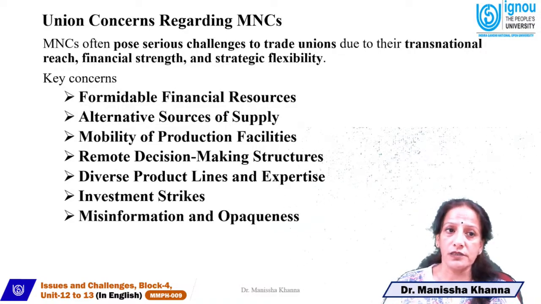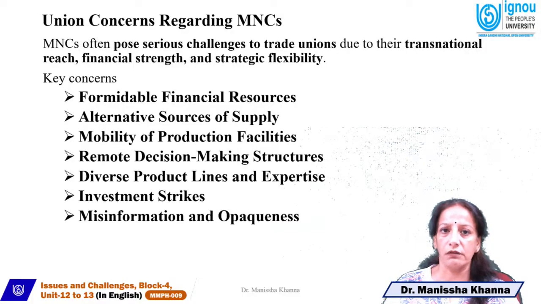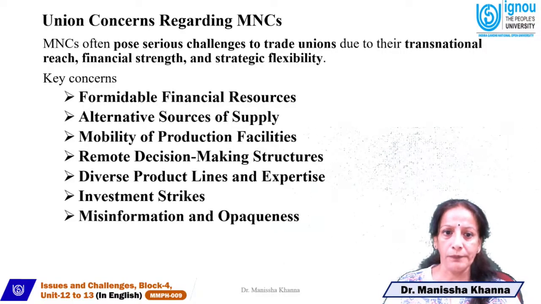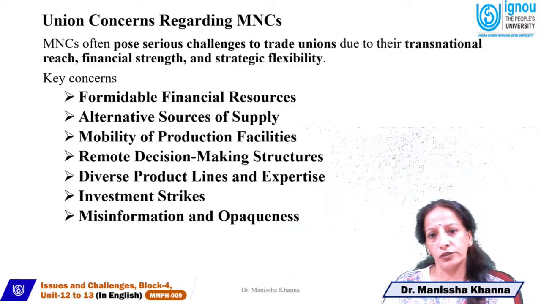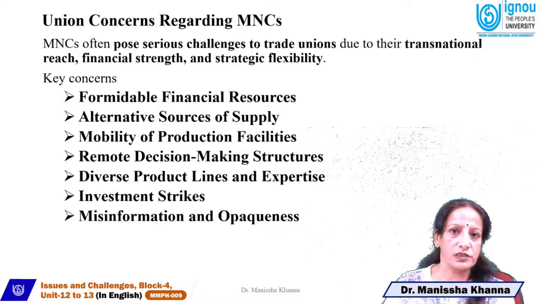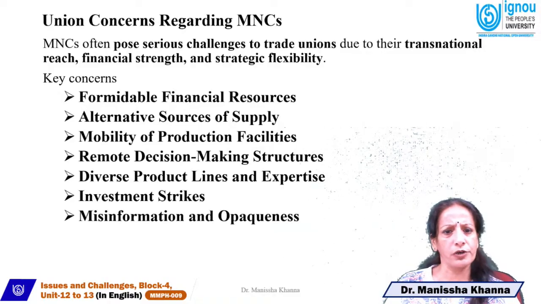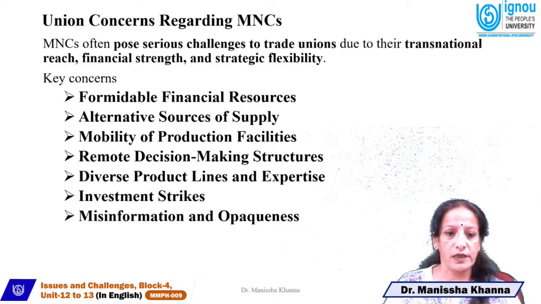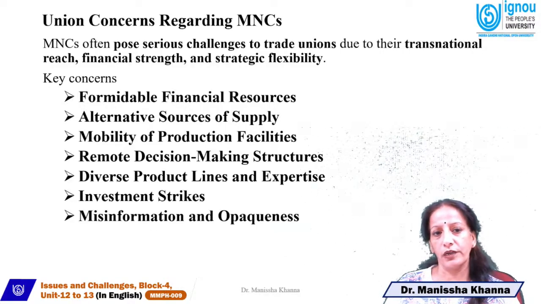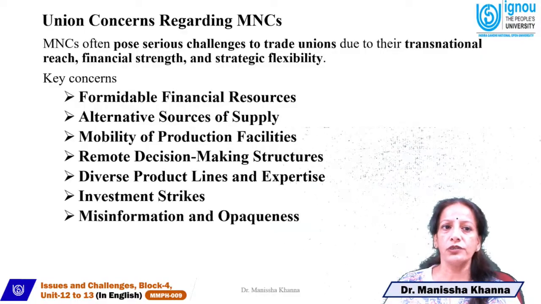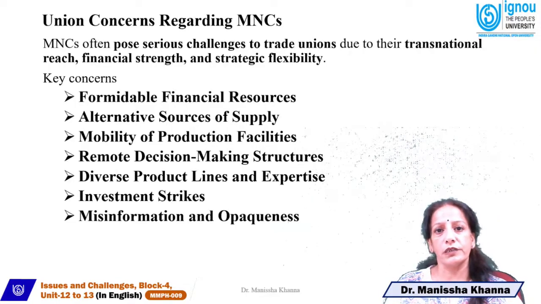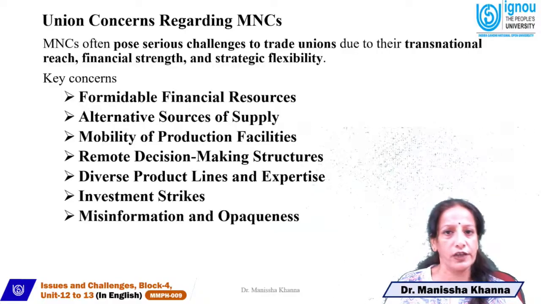These key concerns mainly revolve around financial resources, alternative sources of supply, mobility of the entire operational or production facilities, remote decision-making structures, diverse product lines and expertise, investment strikes, and misinformation and opaqueness. These are the concerns of the unions when it comes to multinationals, because ultimately the multinationals don't have financial pressure.